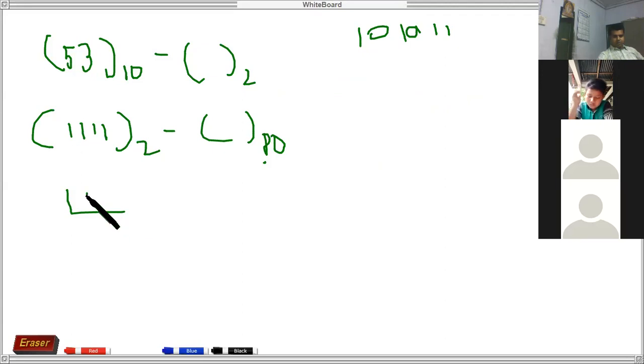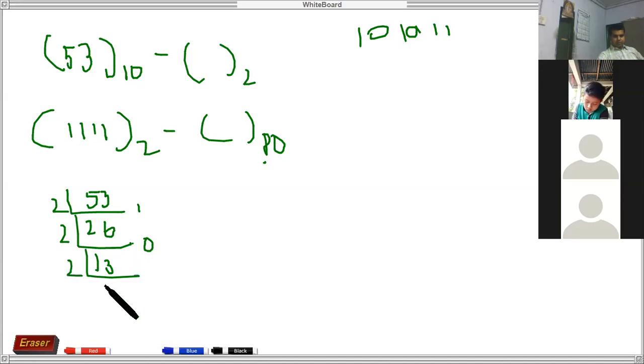Okay, let's see. 53. This gives you 26, you have remainder 1. 13, you have 0. 2 6s are 12, then you have remainder 1. 2 3s are 6, remainder 0. 2 1s are 2, remainder 1.